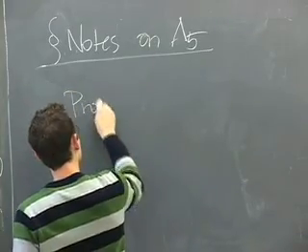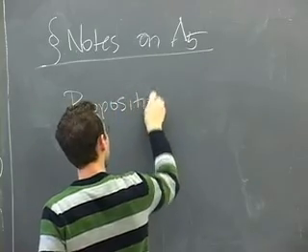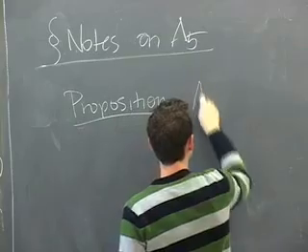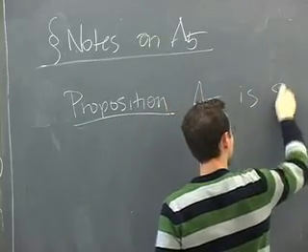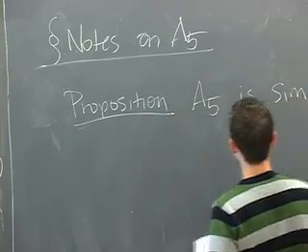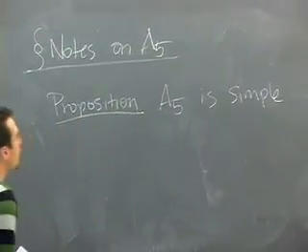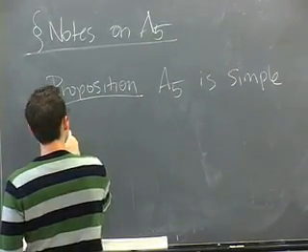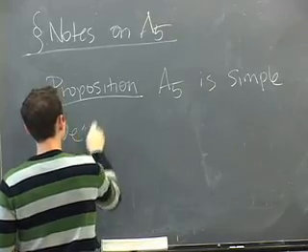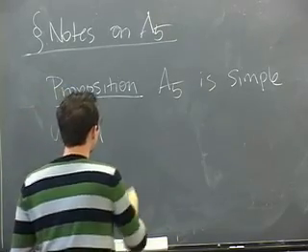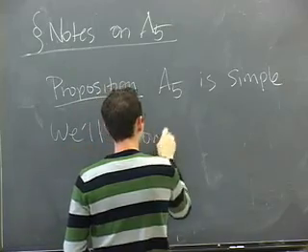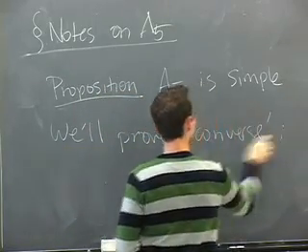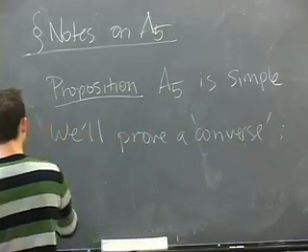So the first main thing you need to know, and this is what's on the optional homework assignment, is that A5 is simple. So it's a simple group of order 60. And what I want to do now is prove a converse. So what's this converse?